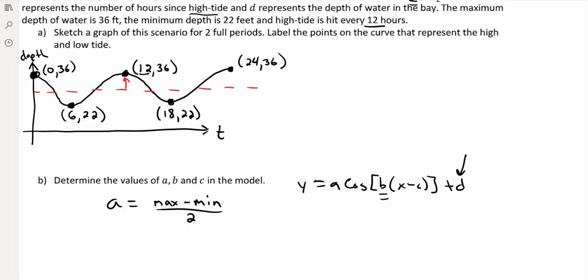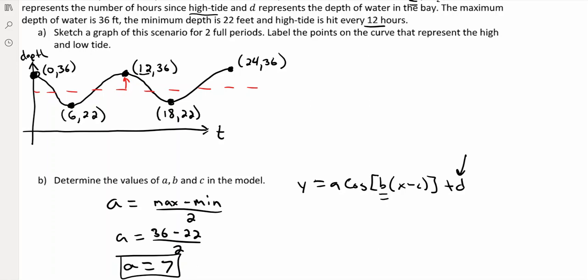So 36 minus 22, and then cut that in half, and that's going to give you the height. So A is equal to 36 minus 22 over 2, so 7. All right, one down.